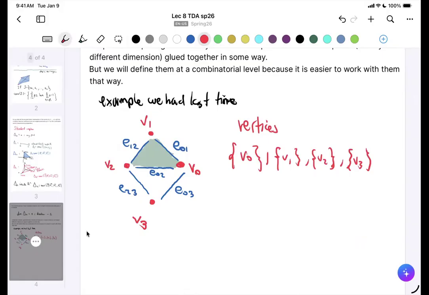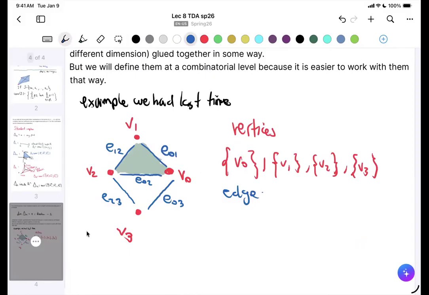In fact, you don't even write this notation, you just write V0, V1, comma V1. So basically the edges are represented in the simplicial complex this way. And this two element set is standing for the edge.